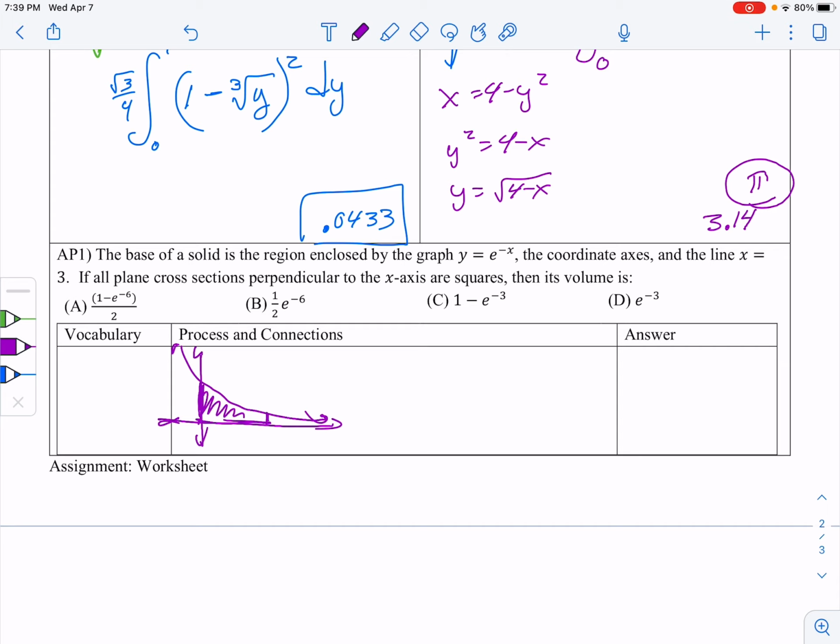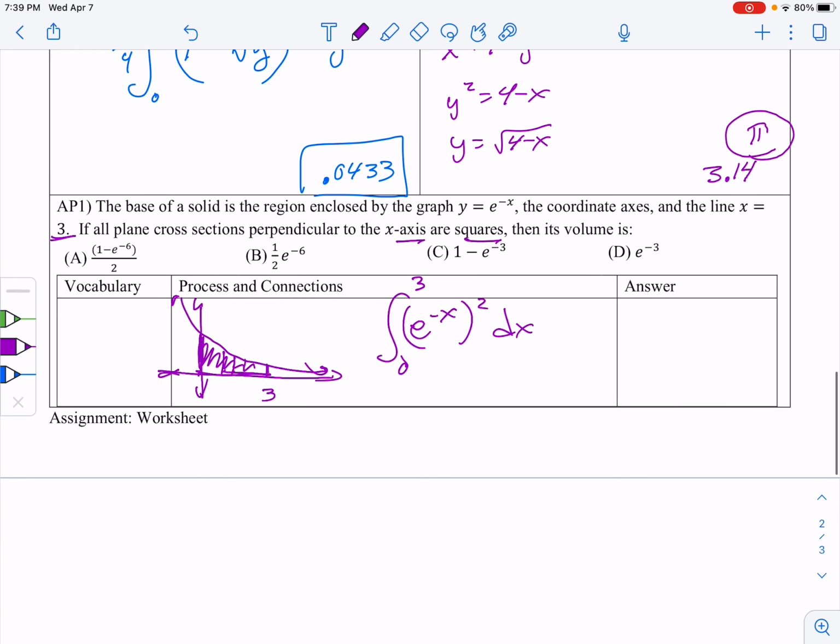It's that area. It's perpendicular to the x-axis. They're squares, so all I need is this distance. So it's top minus bottom. So I have e to the negative x minus 0, and I integrate from 0 to 3 because that's where that line is. And I'm going to square it.